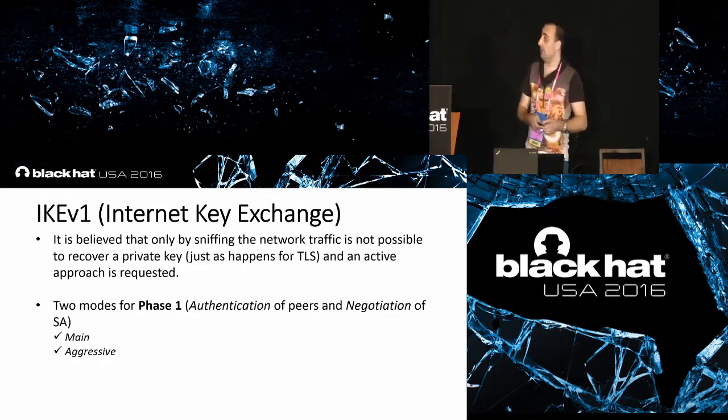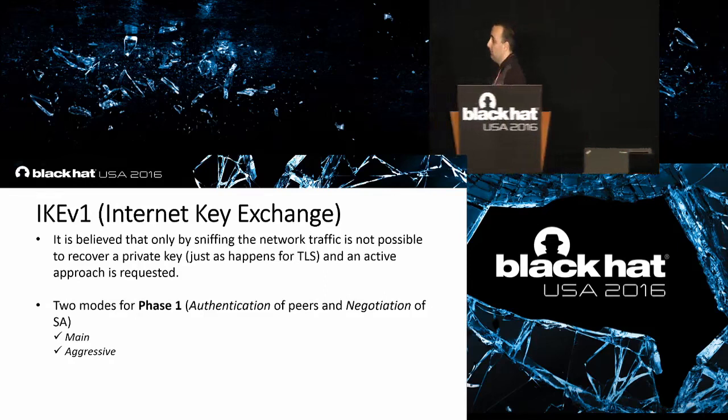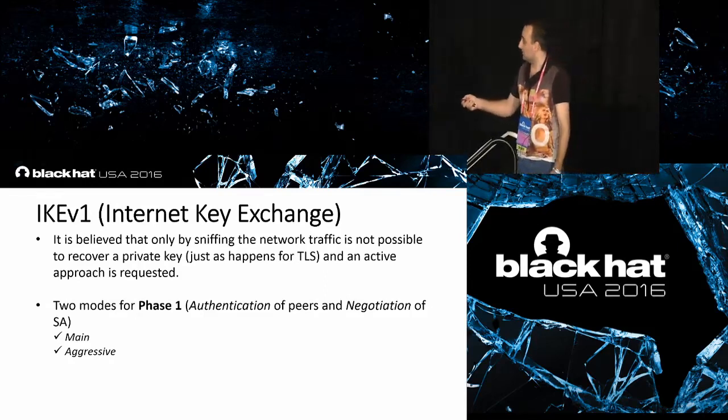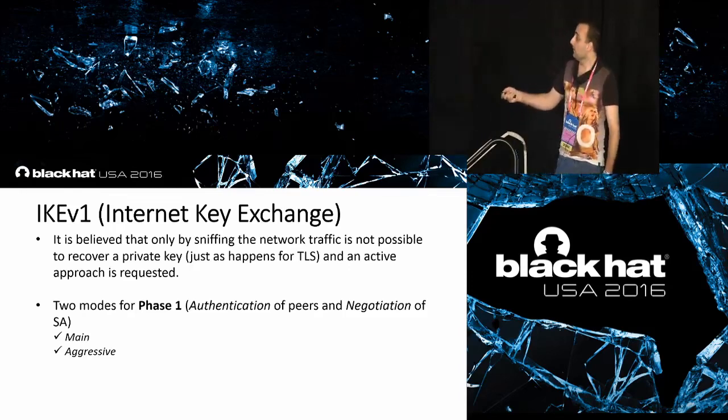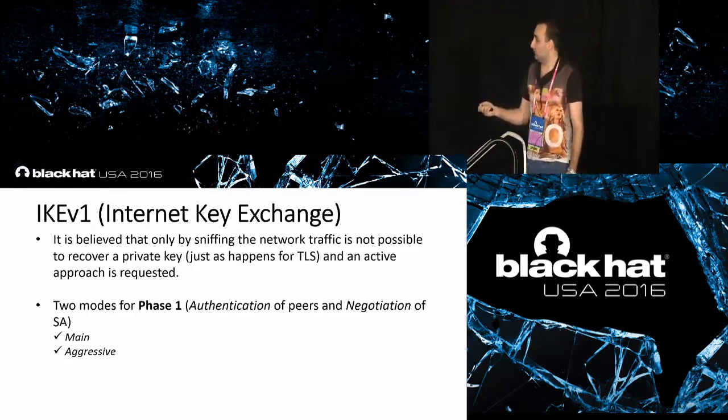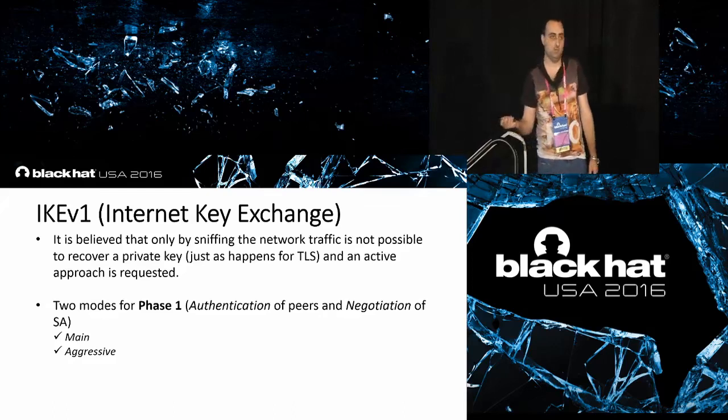And actually, in IKE version 1, we can see that during a phase called phase 1, where authentication and negotiation of security associations of the peer is done, basically two modes are supported, which are the main mode and the aggressive mode.